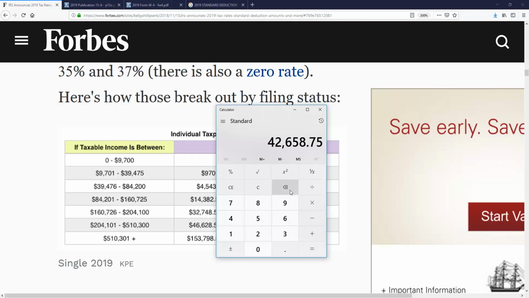That gives you your estimated salary for the rest of the year. Same thing. Subtract 12,200. Subtract 9,700. Multiply times 0.12. Add 970. There you go.